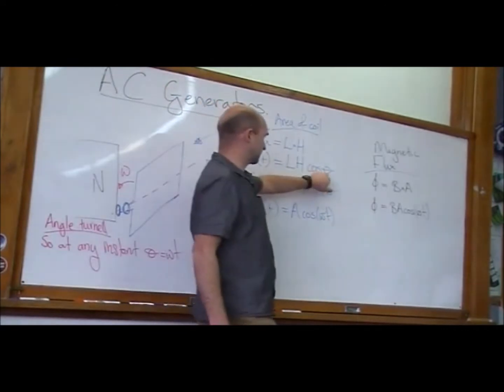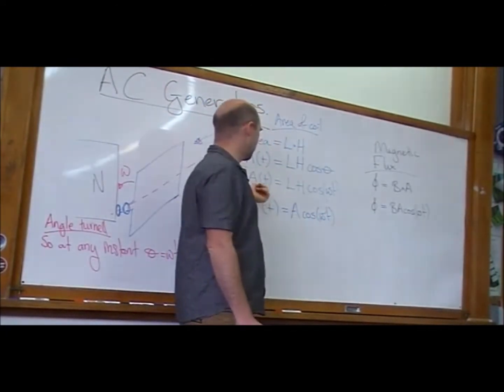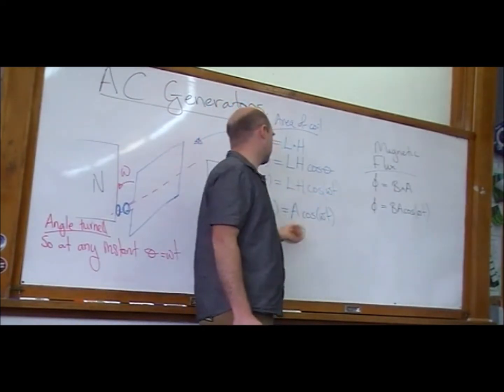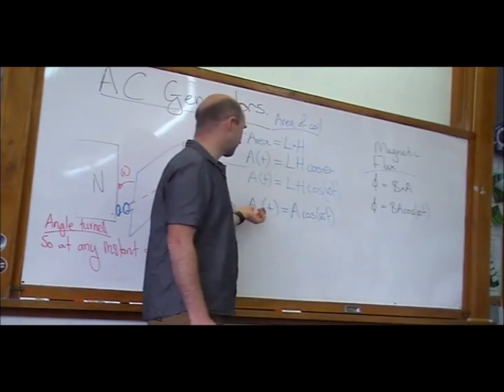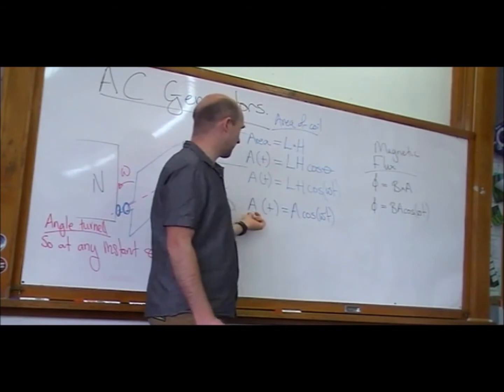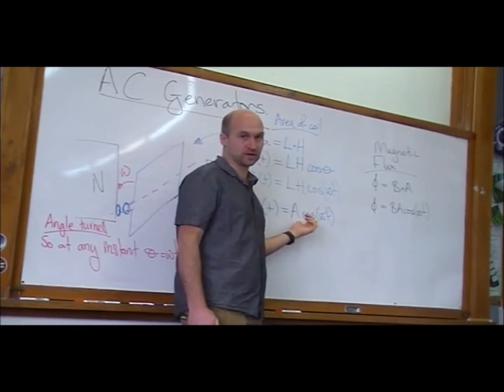And so theta is just the same as omega t, and so we've written an equation for area as a function of time. So area is LH cos omega t, and we can see that LH is just our area of the coil, and so area as a function of time is just the area of the coil times cos omega t.